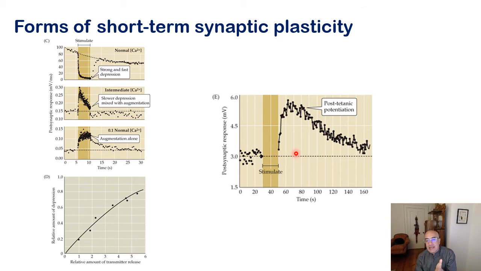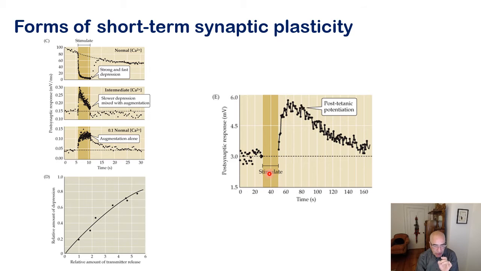And after that, about a minute later, we see that the synaptic response is about 5 millivolts when we check it. And then it slowly recovers back to the original level over a few minutes. This type of facilitation that takes a long tetanus to expose and decays with a time scale of a few minutes is known as post-tetanic potentiation, or PTP.